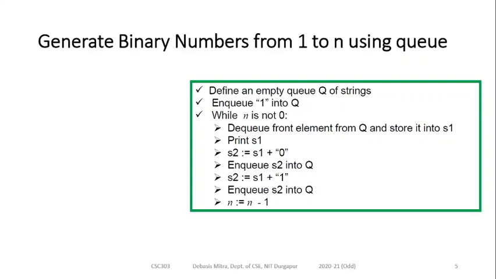Then we print that variable. You may ask, why are you storing it inside a variable? You can directly dequeue and print, but we should keep a copy, because in the next step, at every step, the front element that has been dequeued will be printed as output, and a copy of that front element will be appended with 0 and 1 separately in two steps, and that appended version of the string will be enqueued one by one.